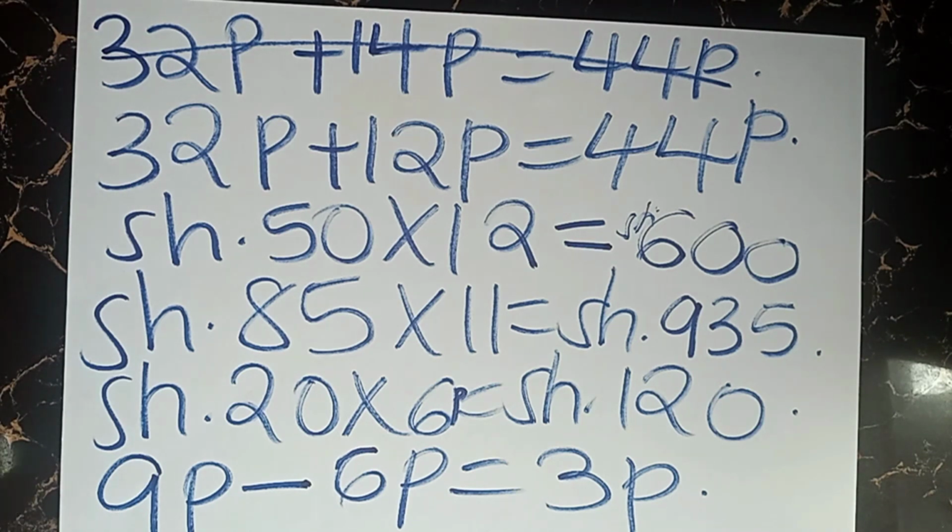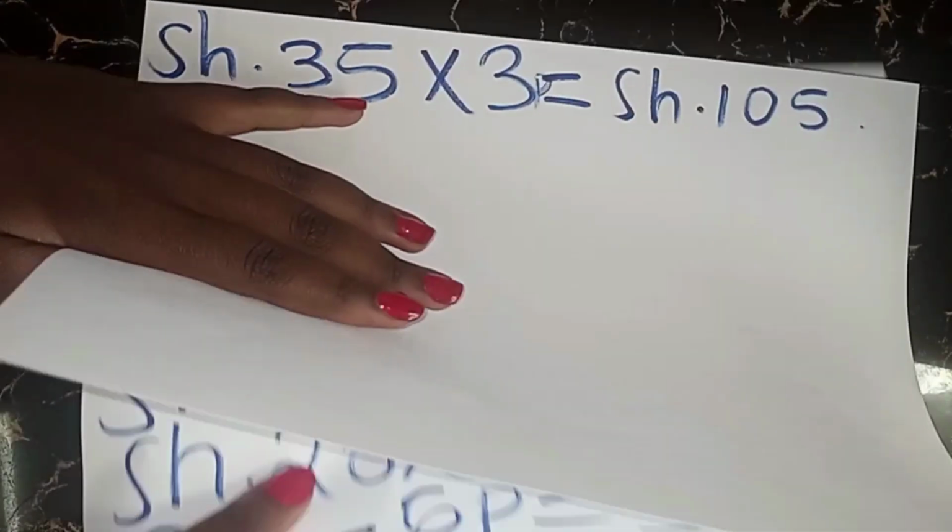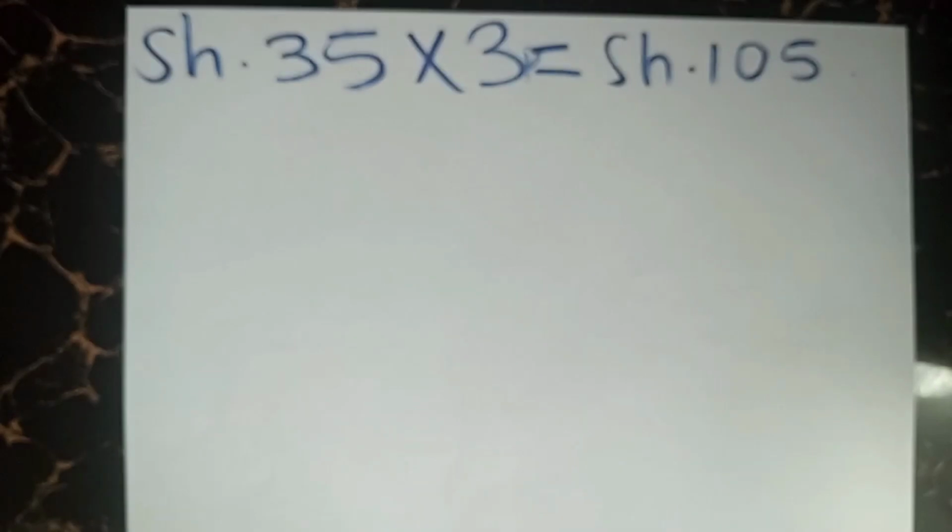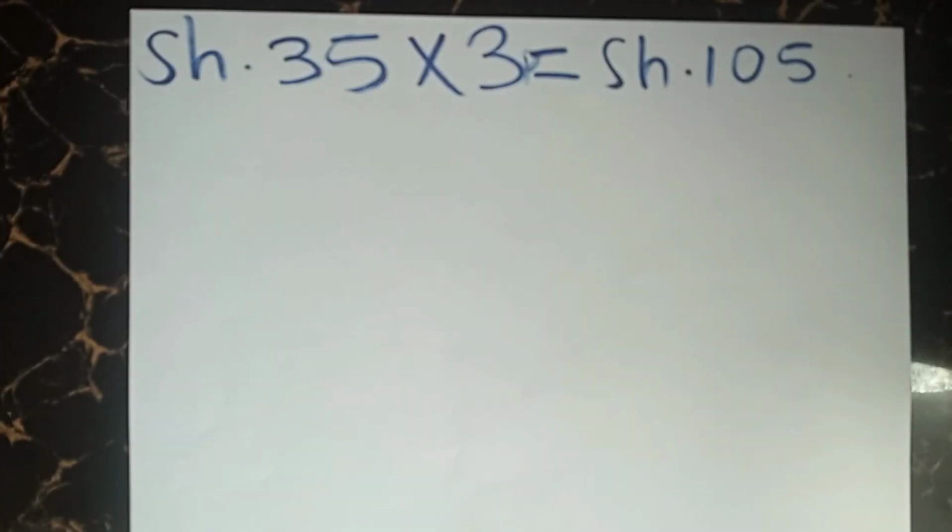To know how much money was collected from these 3 passengers, we'll multiply the 35 shillings by the 3 passengers. When you do that, we get 105 shillings. Yes, so we are told 12 passengers got in at the second stop.